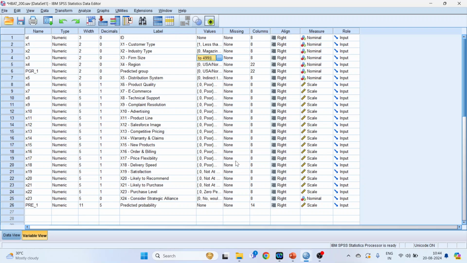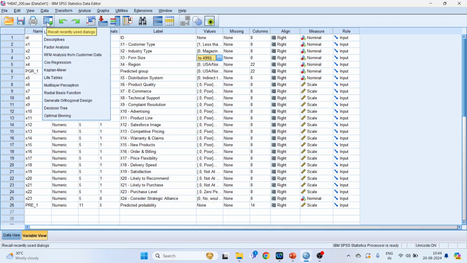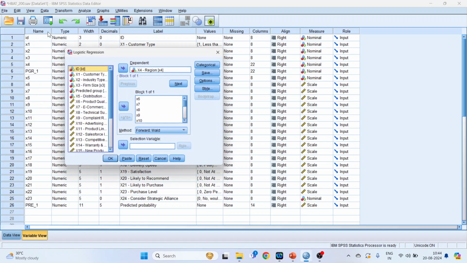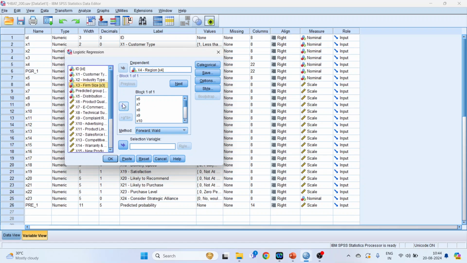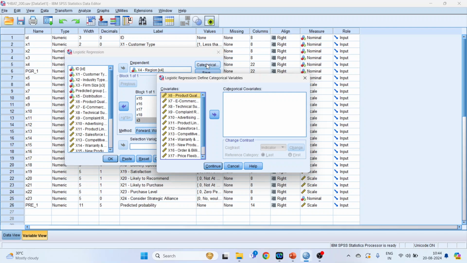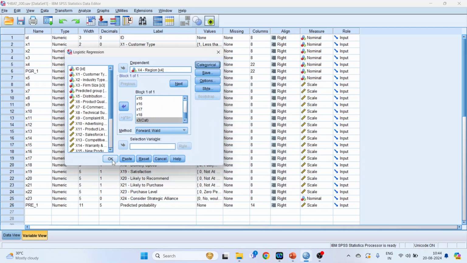Now how to introduce a categorical variable in logistic regression? Activate this logistic regression and transfer x3, the firm size here, and go into categorical, and x3 is to be transferred into categorical covariates, and click continue and click OK.